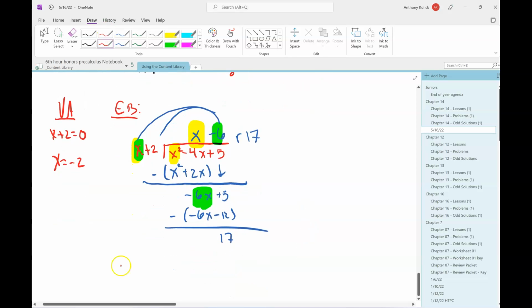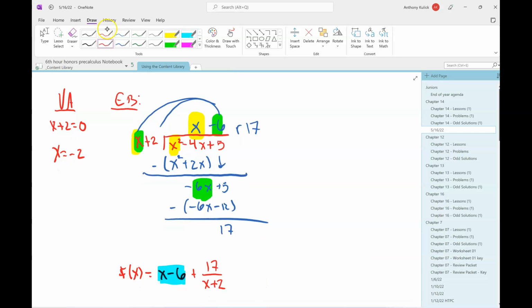So what does this tell me? It tells me that my function f of x is equal to x minus 6 plus 17 over x plus 2. But the part that I care about is only the quotient.